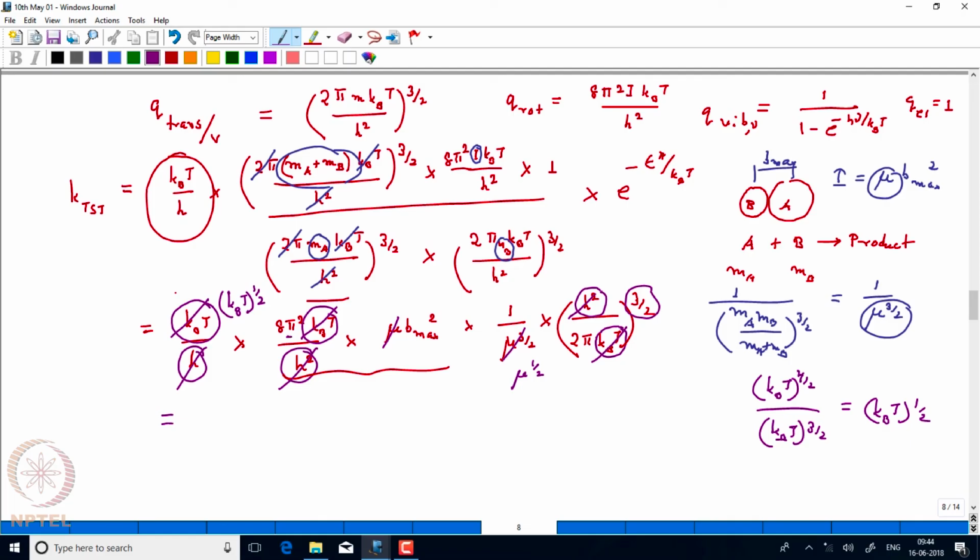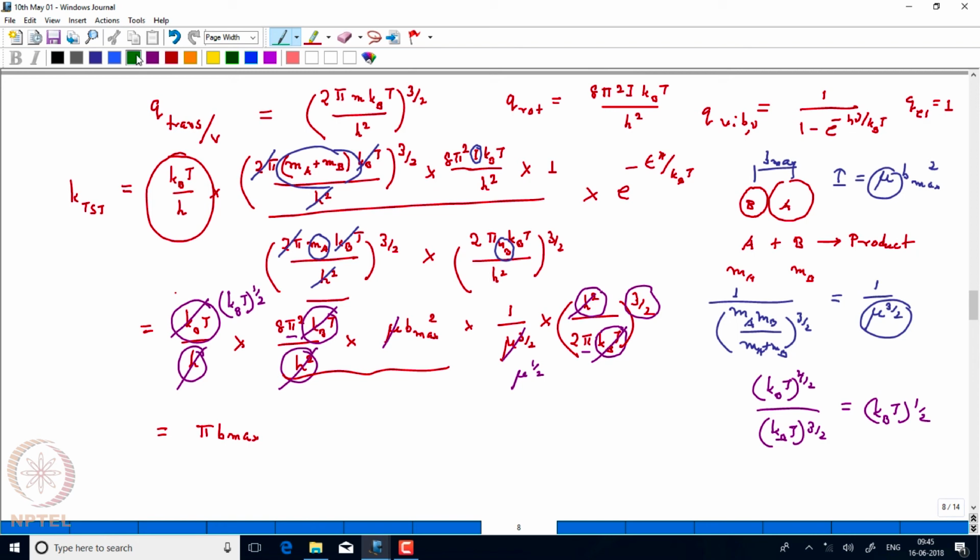So I have pi squared here, and I have pi to the power 3 by 2. Now I'll just do a simple trick. What I'm going to do here is that out of this pi squared, I will keep one of the pi and associate it with the Bmax.